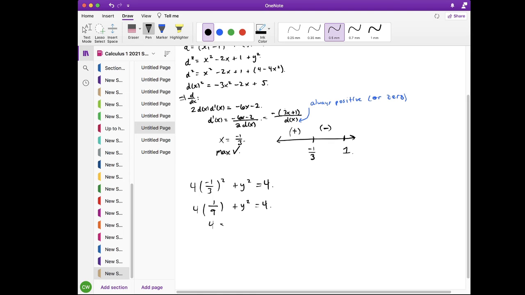I'll actually get 2 values. So y is equal to plus and minus.